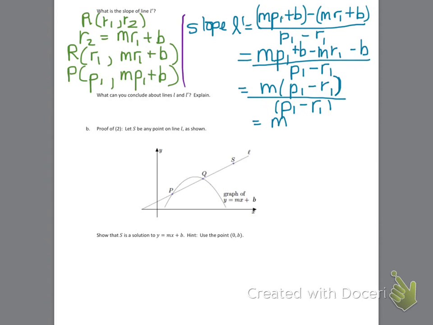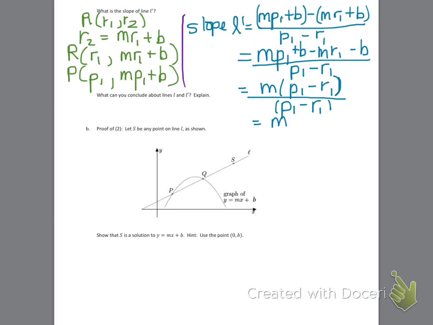Okay, so by expanding those terms and noticing that the positive b and negative b become 0 when added together, and factoring that m out, and then canceling that common factor, then we found that the slope of L prime is m.